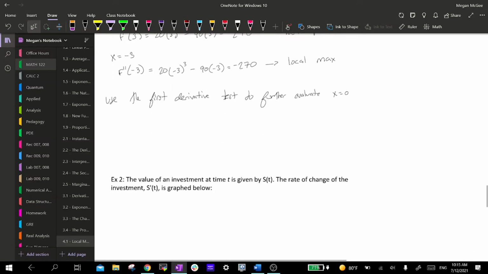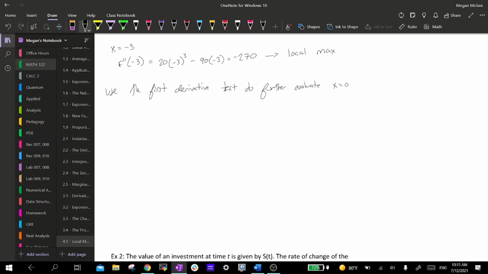So we have our first derivative, which is f prime of x is equal to 5x to the fourth minus 45x squared. All right. And the way that we use our first derivative is we need to test points on either side of the point we are interested in.